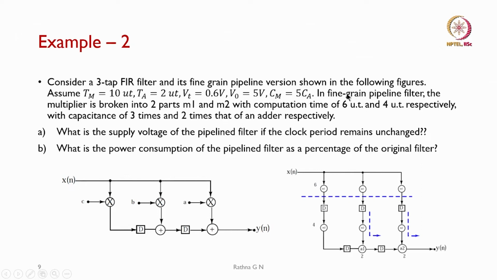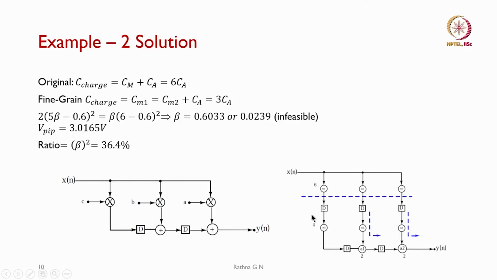In the pipelined filter, the multiplier is broken into 2 parts, M1 and M2, with computation times of 6 units and 4 units, totaling 10 units of time, with capacitances of 3 times and 2 times that of an adder respectively. So what happens to our equation?